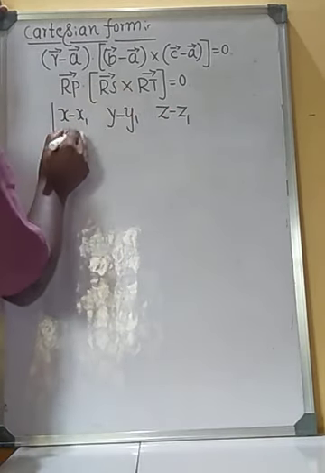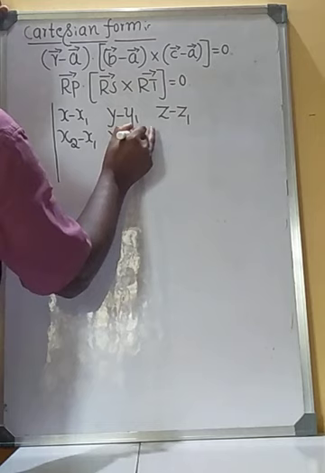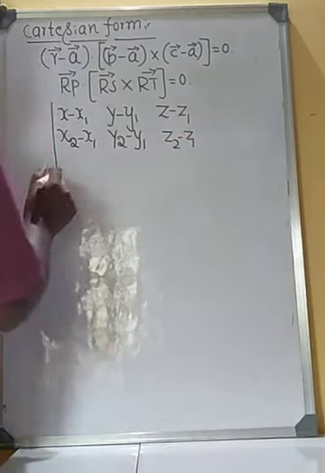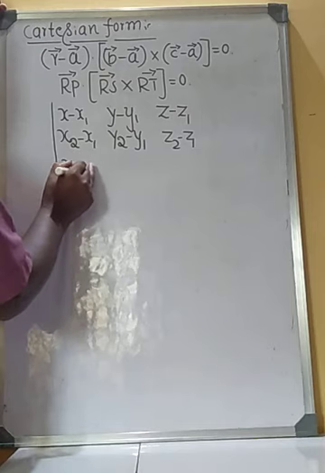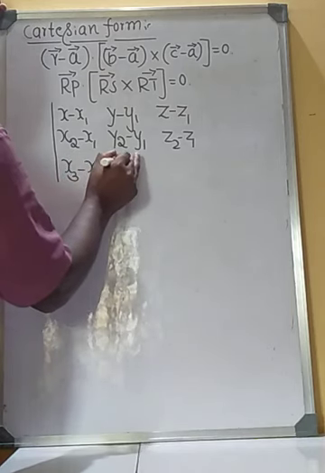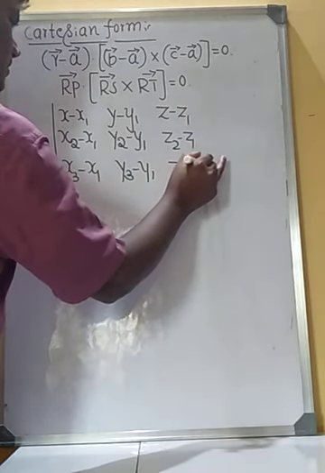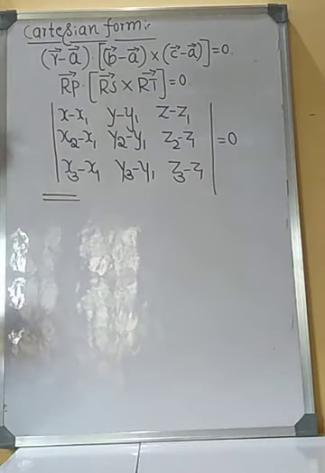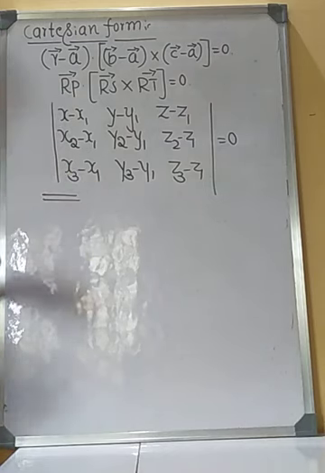The next, RS vector, is x2 minus x1, y2 minus y1, z2 minus z1. RT vector in the third row is x3 minus x1, y3 minus y1, z3 minus z1, equal to 0. So this is the Cartesian form of equation of a plane passing through three non-collinear points.